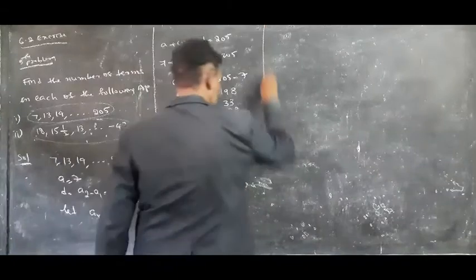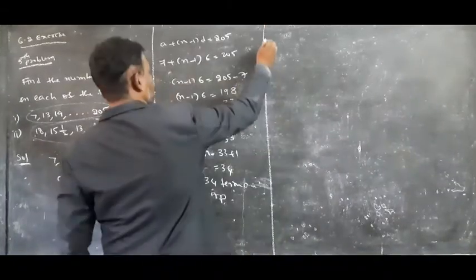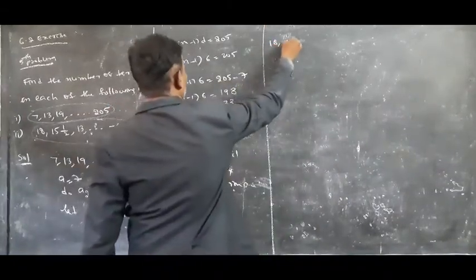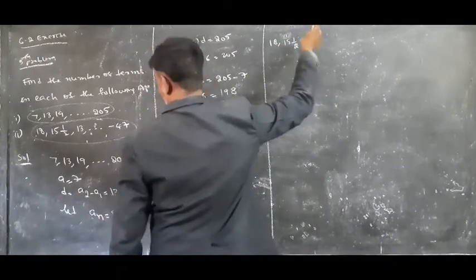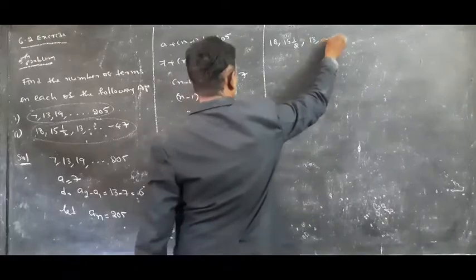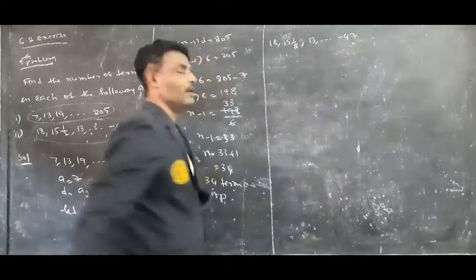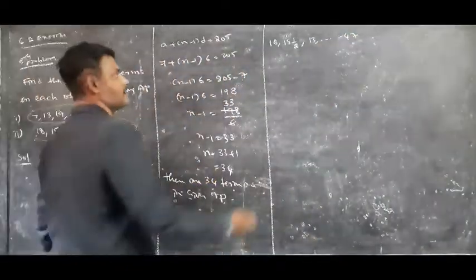Then after the second one, 18, 15½, 13 up to -47. You have to find the number of terms.